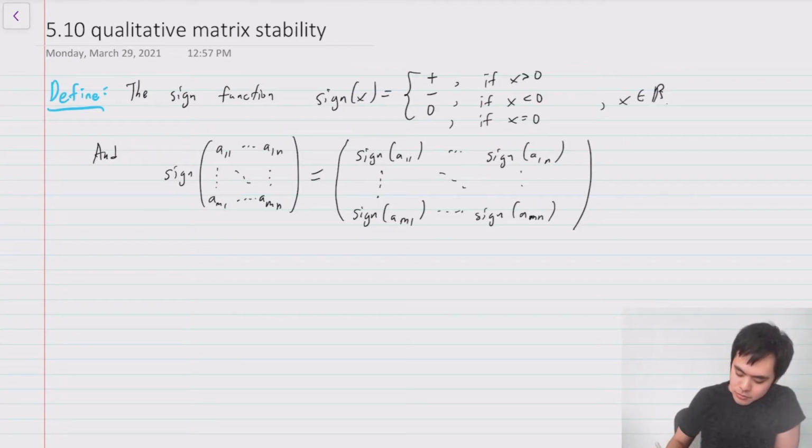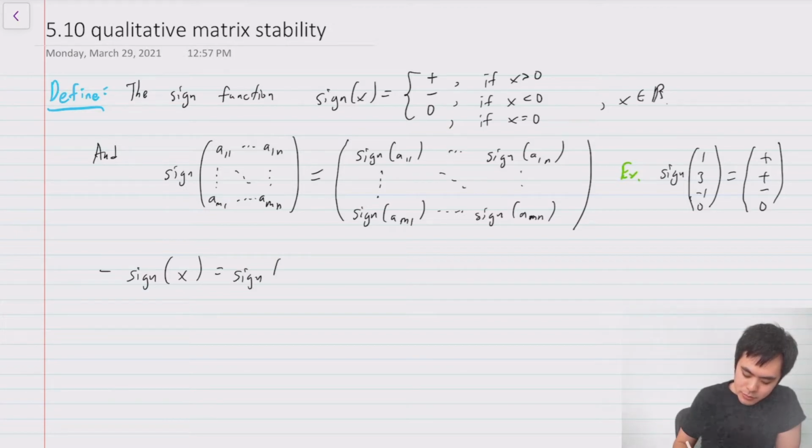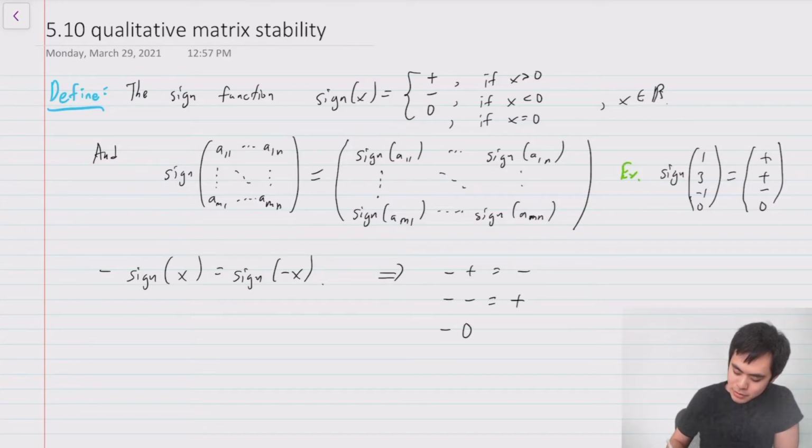To give an example, sign of 1, 3, minus 1, 0 is equal to plus, plus, minus, 0. And let's also use the convention that minus sign of x is equal to sign of minus x. So this implies that minus plus is equal to minus, minus minus is equal to plus, minus 0 is equal to 0.